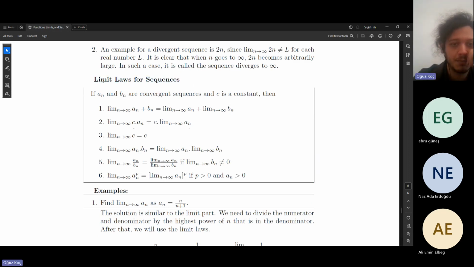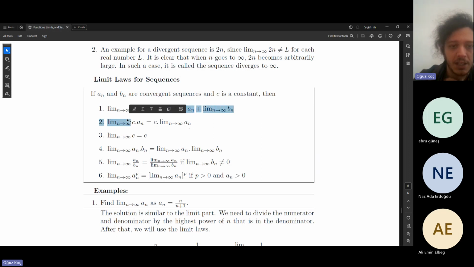We need to talk about some limit laws for sequences. We have two sequences and they are convergent, and we have a constant here. Then our first law is the limit of (a_n plus b_n) when n goes to infinity. The summation can be written under limits as two parts: limit of a_n plus limit of b_n, n goes to infinity.